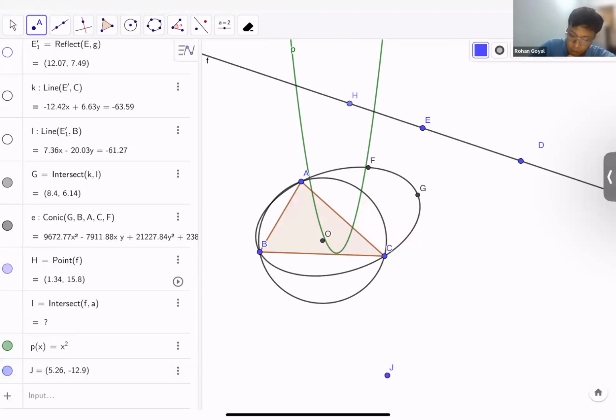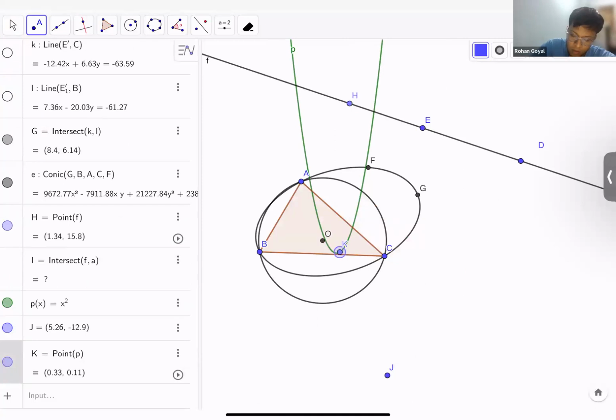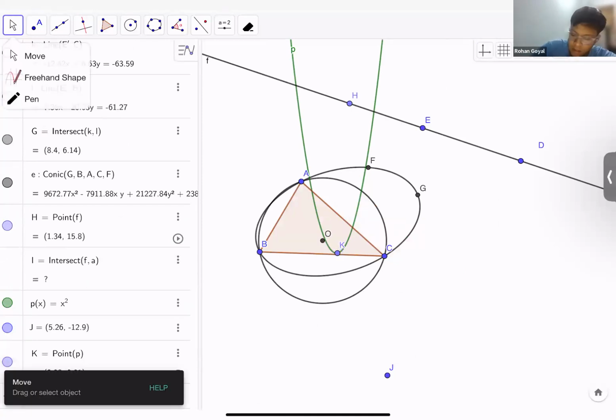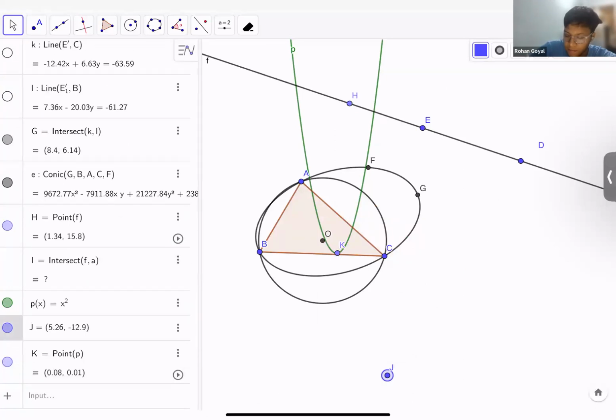So through O, let's say, or through this point on the parabola, there is a line passing through that point and the point at infinity.